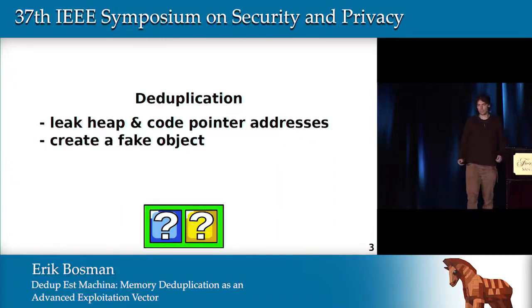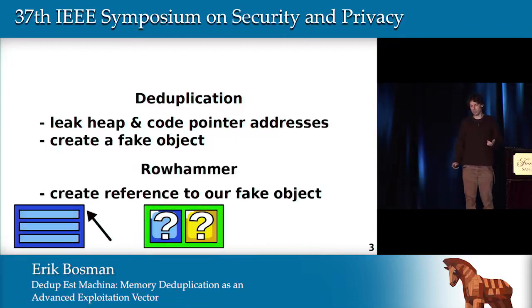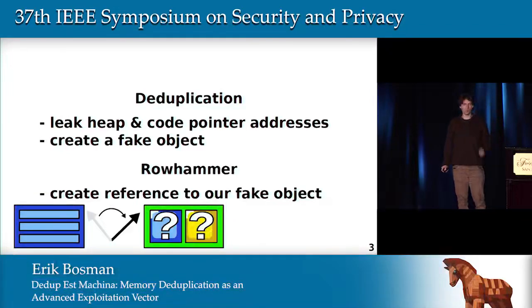And with this fake object we will use Rowhammer to flip a bit in a pointer to get a reference to this fake object, and this fake object will allow us to have an arbitrary read-write primitive and own the browser.